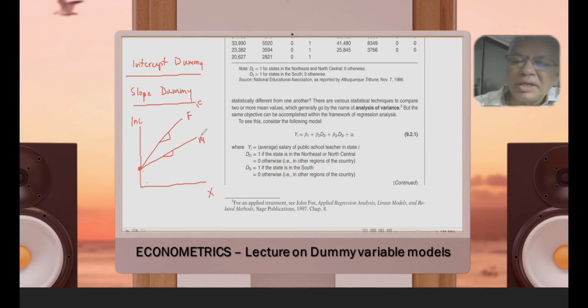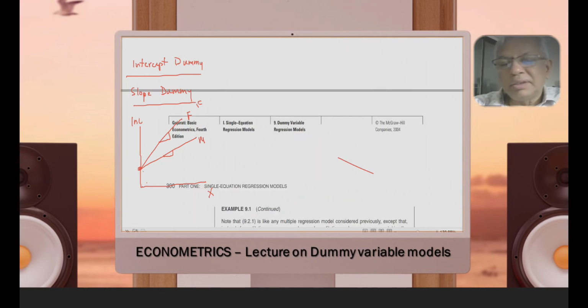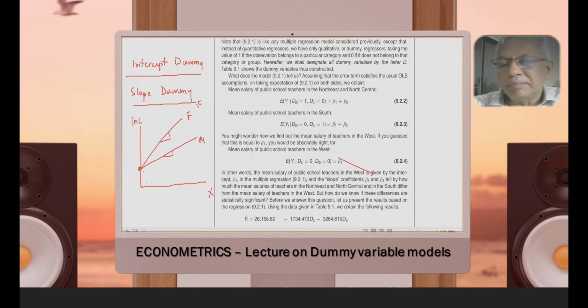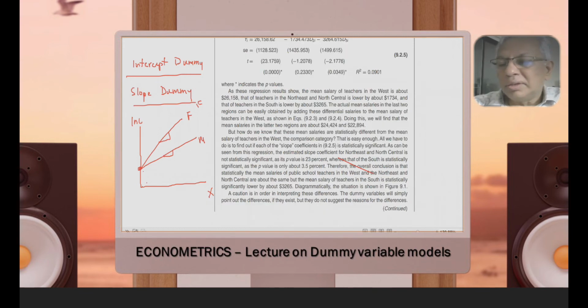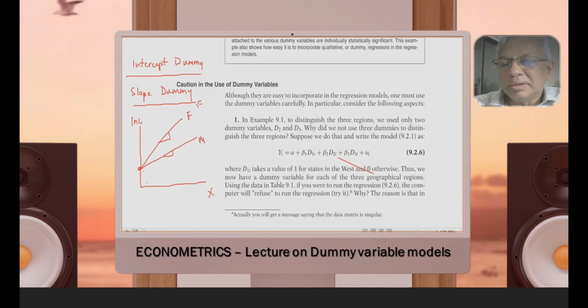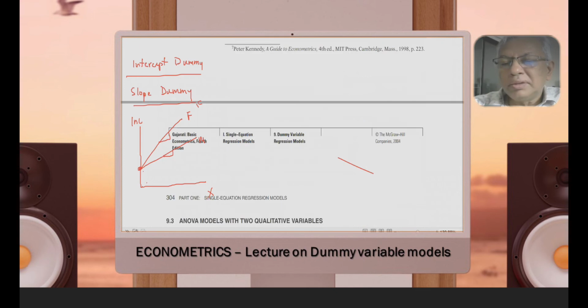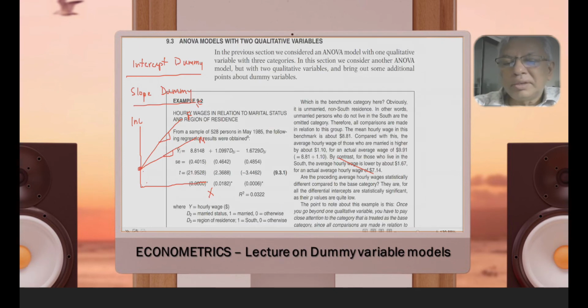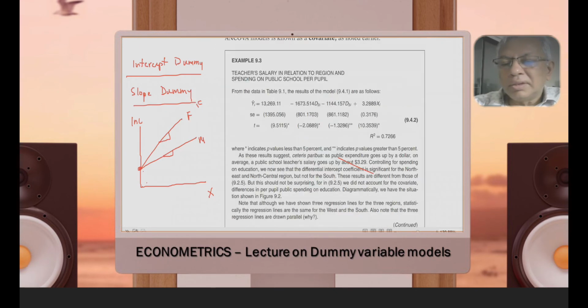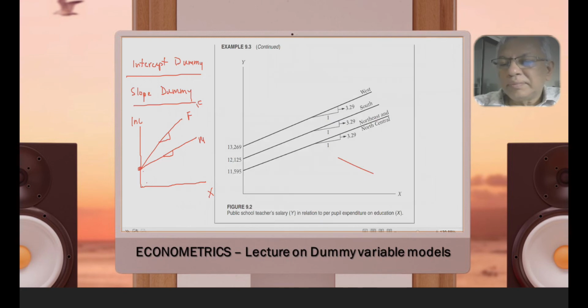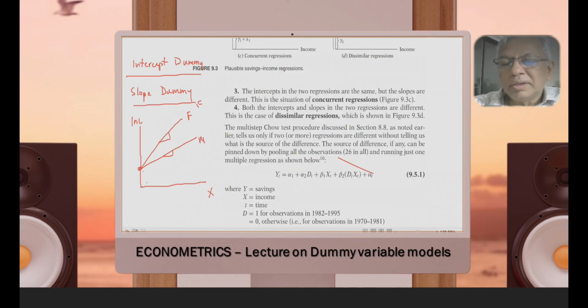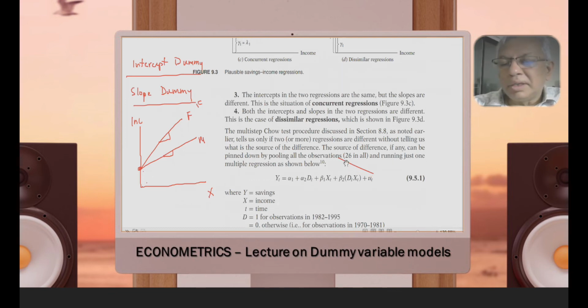So how do I create a slope dummy? So the creation of a slope dummy, if you want to define it, is this one.